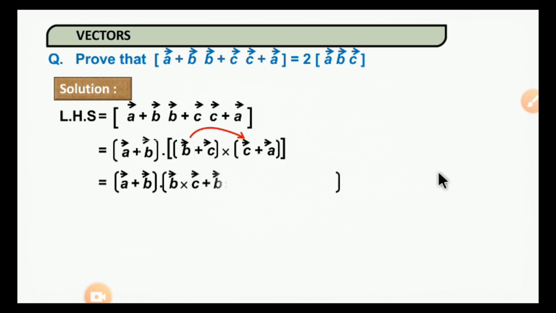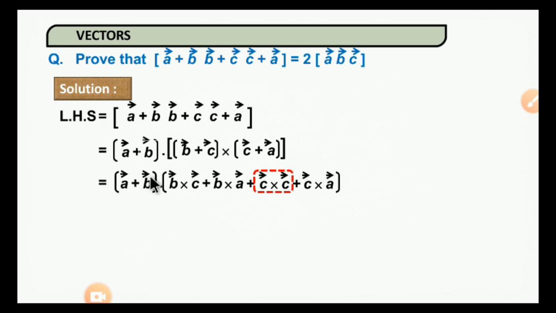Therefore B cross C plus B cross A, means separately we have to multiply the vectors here. Again, now from this C vector, plus C cross C plus C cross A. Now observe students, the box product of this will be equal to this whole equation.